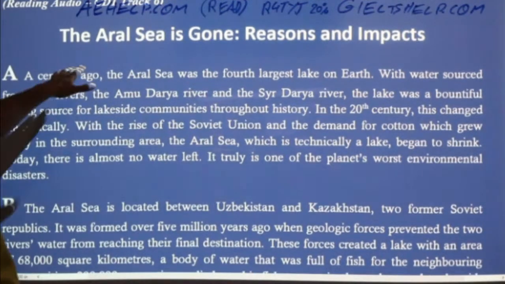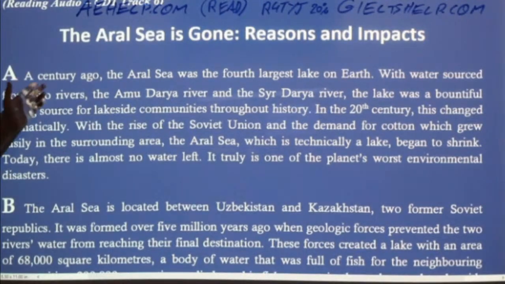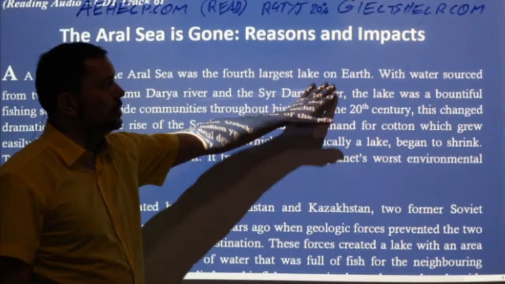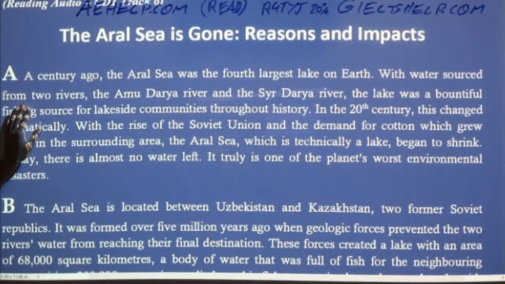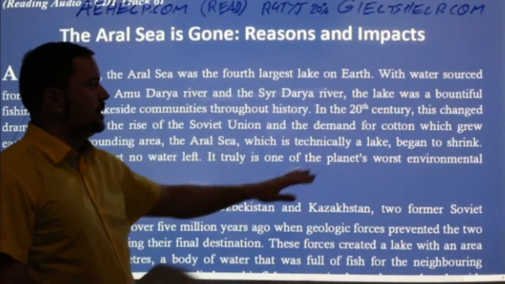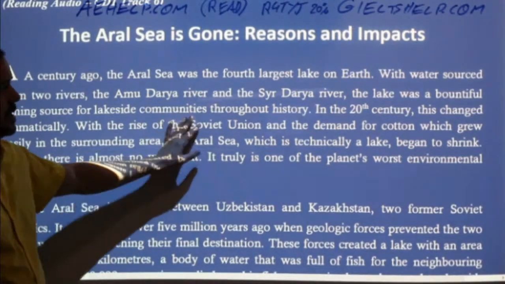The RLC is gone, reasons and impacts. A century ago, the RLC was the fourth largest lake on Earth, with water sourced from two rivers, the Amu Darya River and the Sir Darya River. The lake was a bountiful fishing source for lakeside communities throughout history.